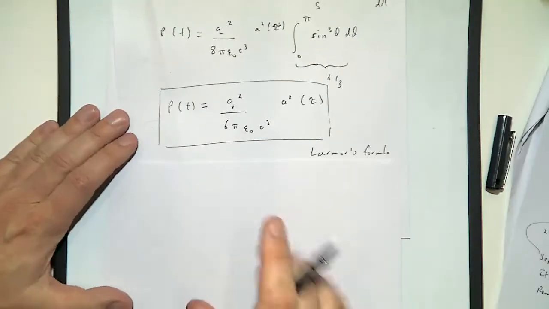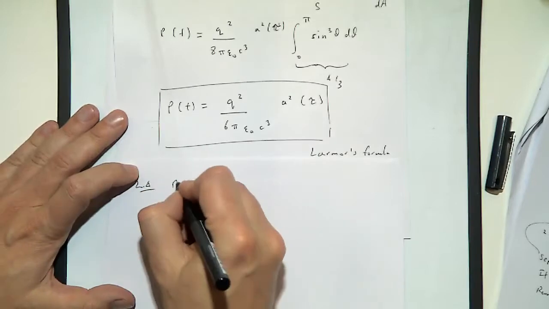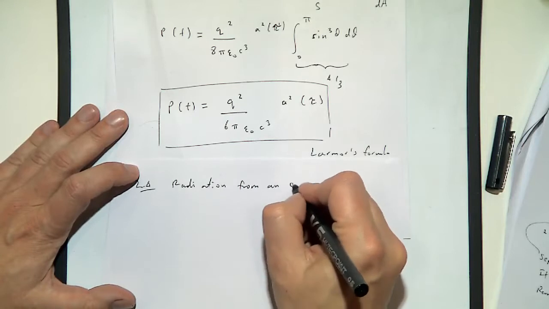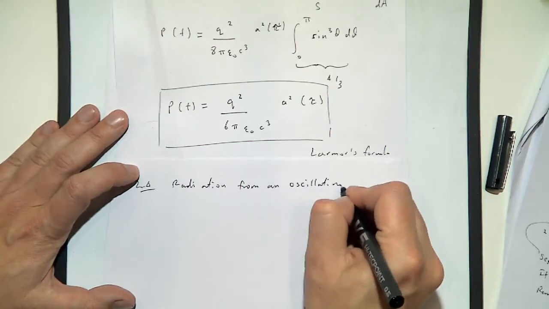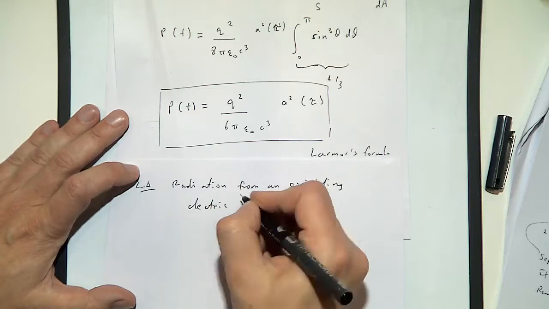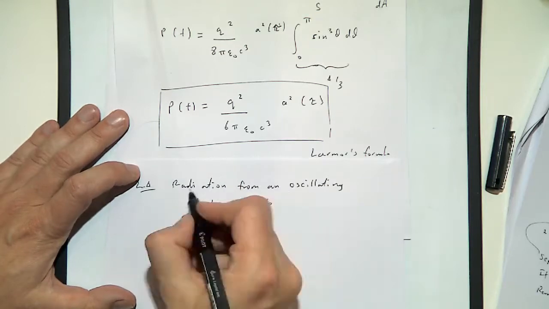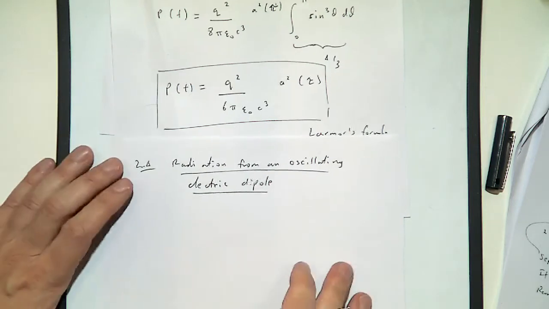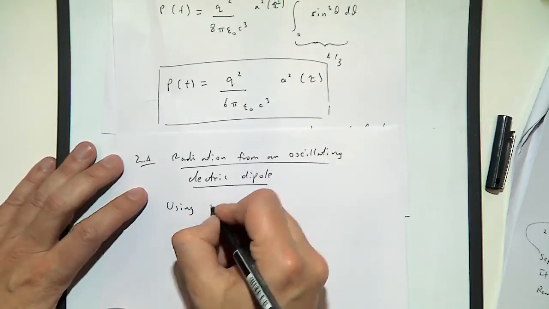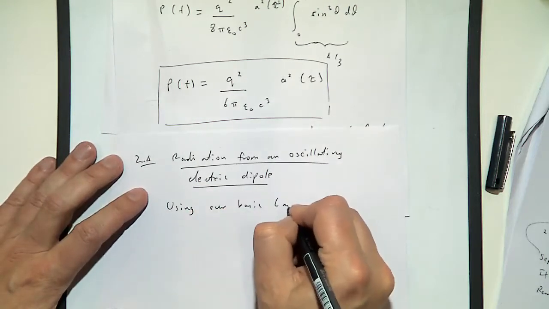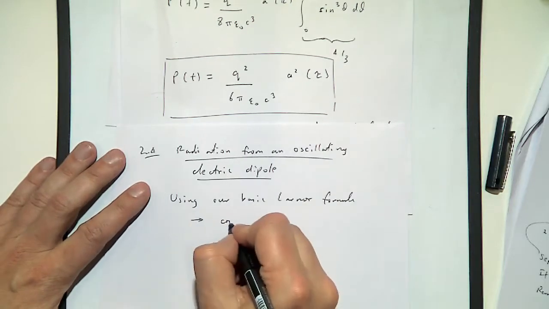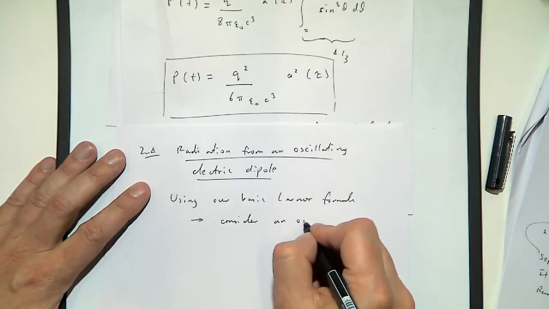The next section is radiation not from an instantaneously moving charge, but from an oscillating electric charge. But I'm going to say an electric dipole, because we're going to think about a charge moving with respect to another oppositely charged object. So we're going to use our basic Larmor formula and consider an oscillating current element.